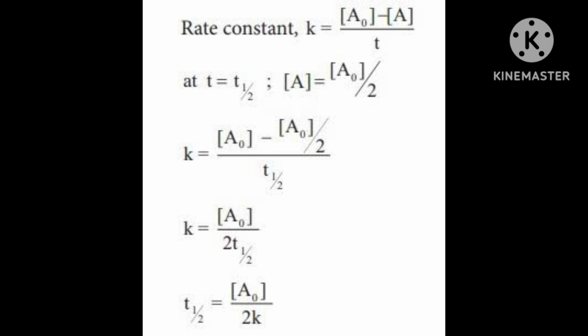That is the remaining concentration. From R0, this value decreases: R0 minus 99.9% of R0. That difference of reactant is remaining. That is the R value here.